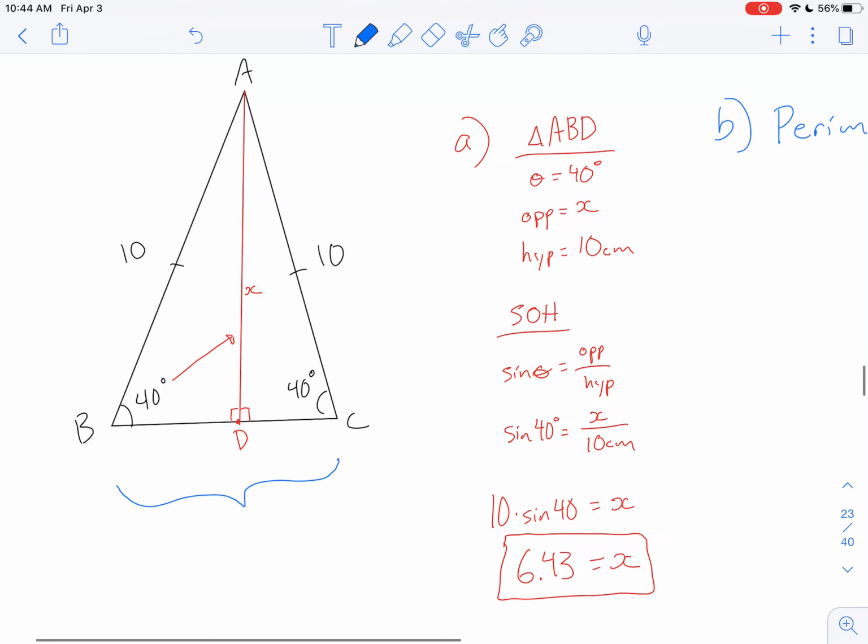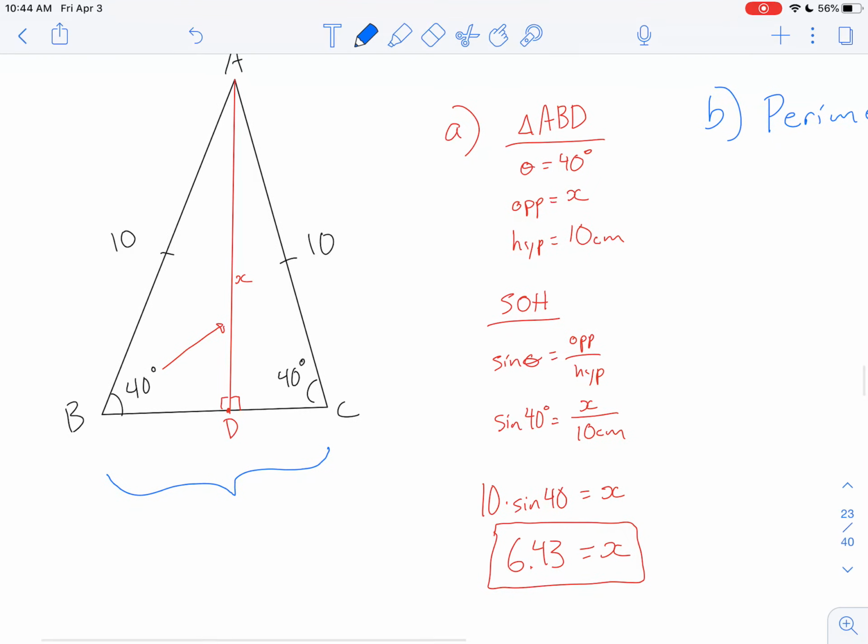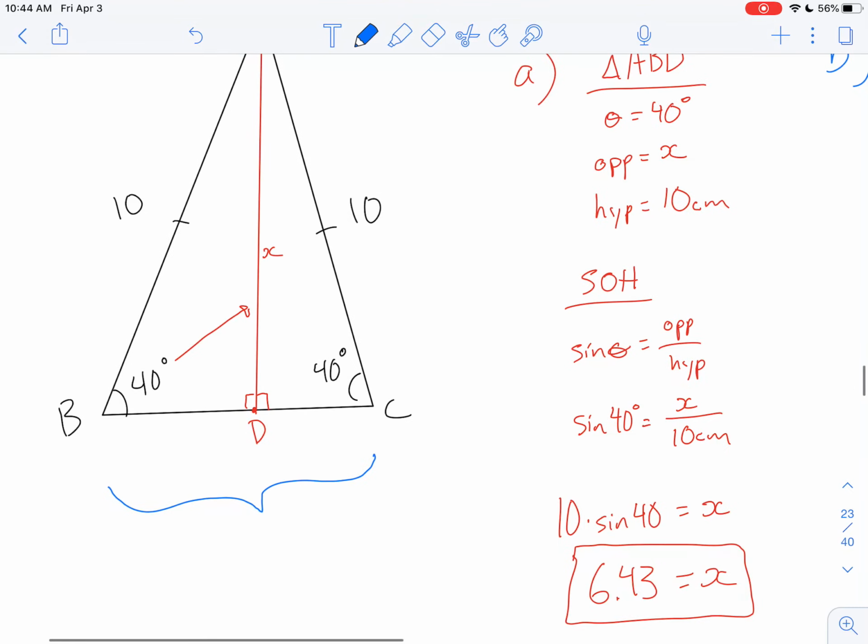I could use Pythagorean theorem using my last obtained measurement of x. So if I knew the height was exactly 6.43, then we could use Pythagorean theorem using 10, 6.43, and my unknown side for one of these smaller triangles. So first I'm going to look for just this distance here.